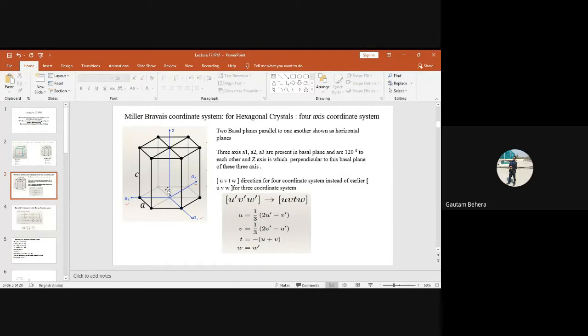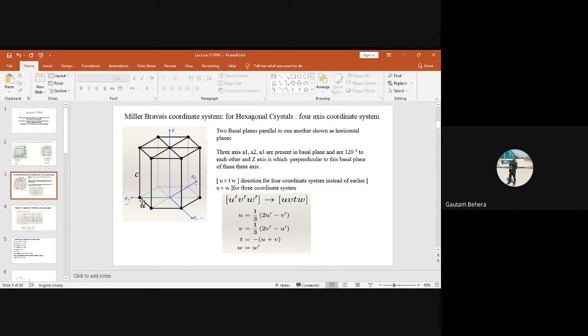If you remember, small a, small b, small c, and interaxial angles alpha, beta, gamma, right? If you remember that, that is called lattice parameter, right? So here the lattice parameter is this one.